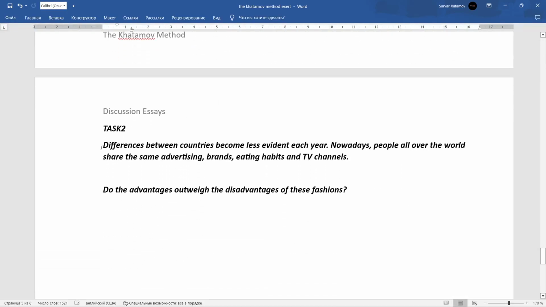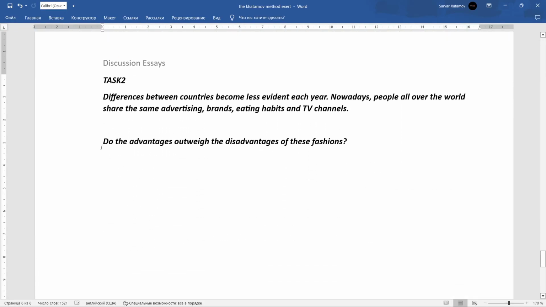But today's Task 2, let's focus on that. I want to start on that because I want to show you how I analyze. Let me just write it down. Everything comes down to this part, right? Because in writing, not only in terms of IELTS writing, but basically in any kind of writing, analysis is important, right?